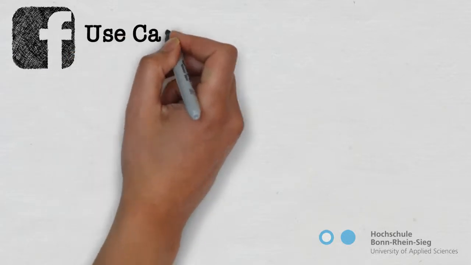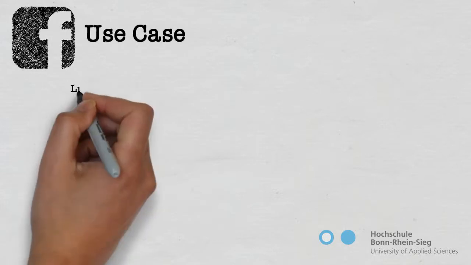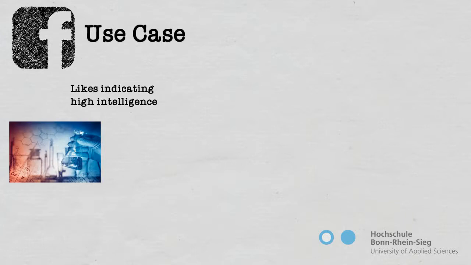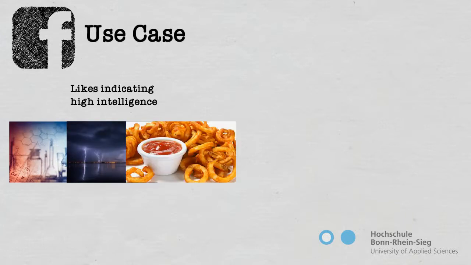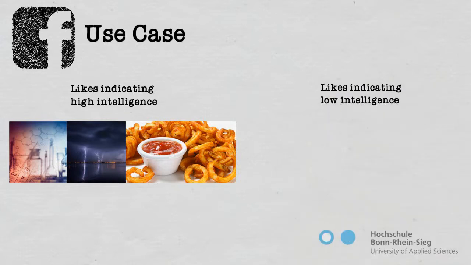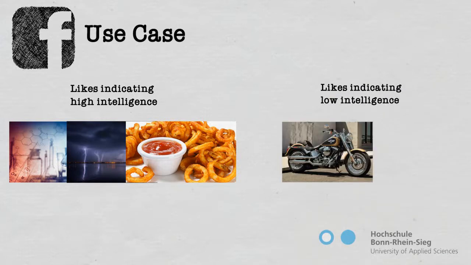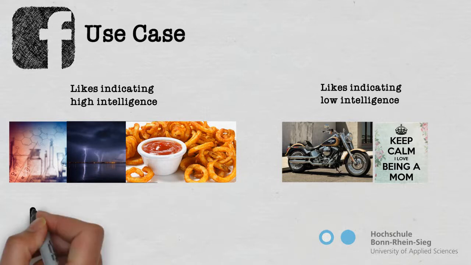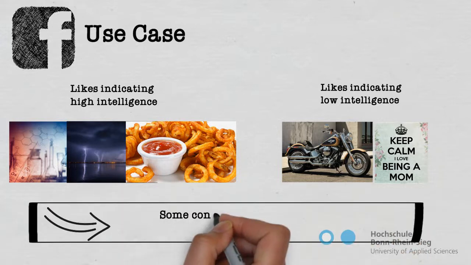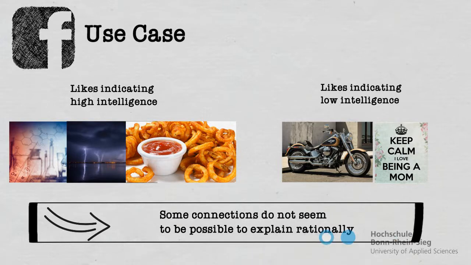So what could we predict out of the likes? So likes indicating high intelligence were, for example, science, thunder, and curly fries. And likes indicating low intelligence were, for example, Harley Davidson, or a site called Keep Calm, I Love Being a Mom. So what we can say out of that is that some connections do not seem to be possible to explain rationally.